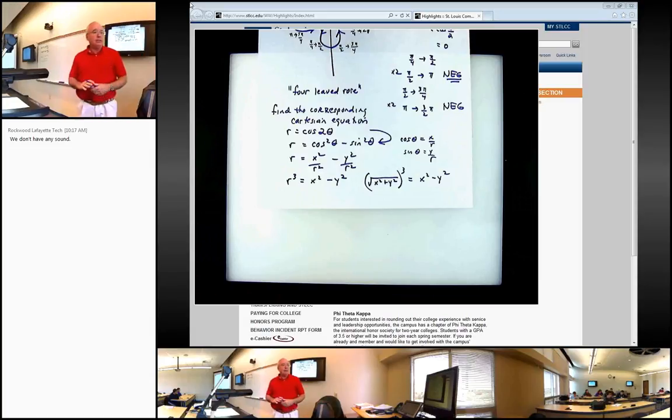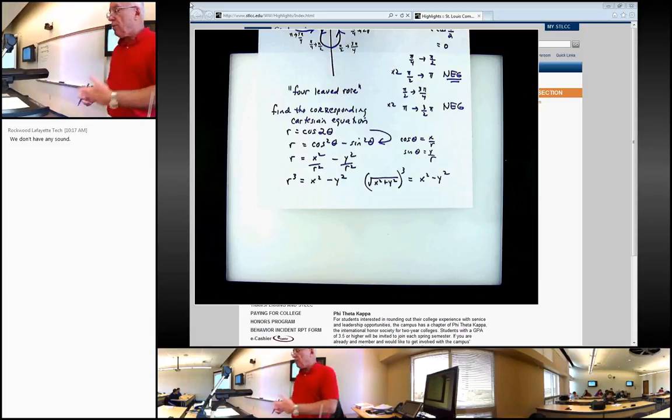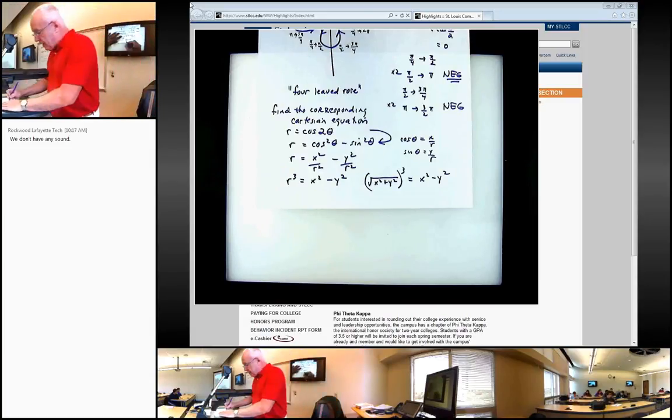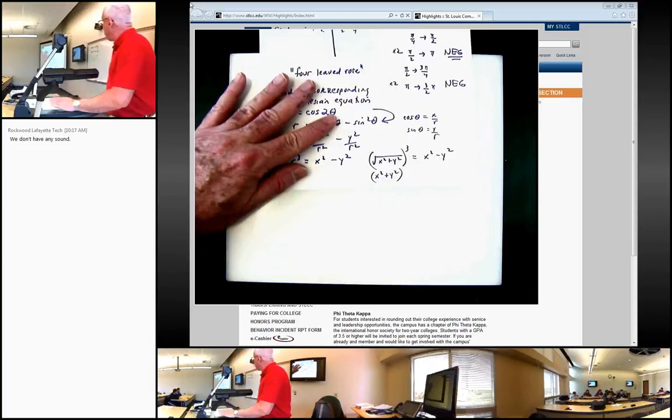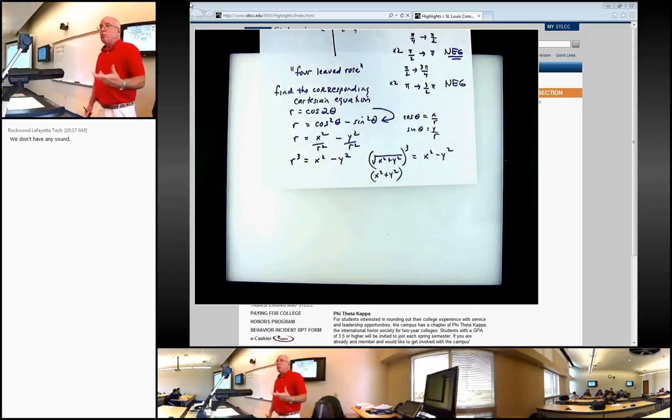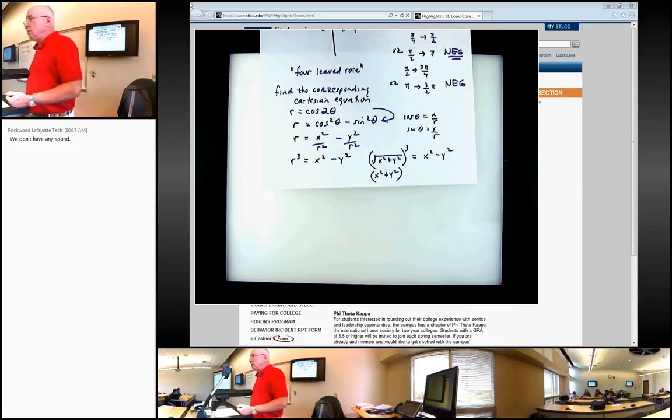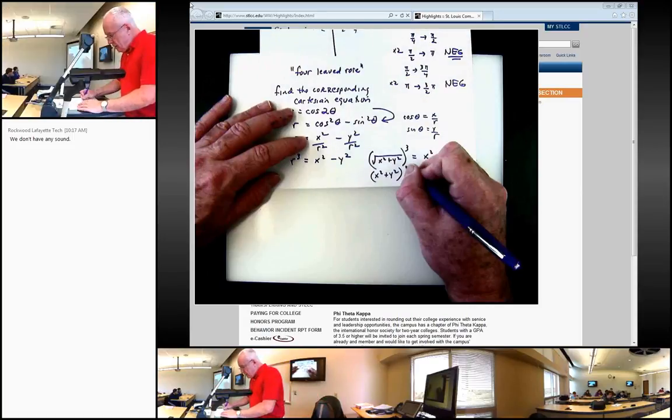This is fine, but another way that I can represent the left-hand side is as x squared plus y squared, and what exponent would it be raised to? 3 halves, right.